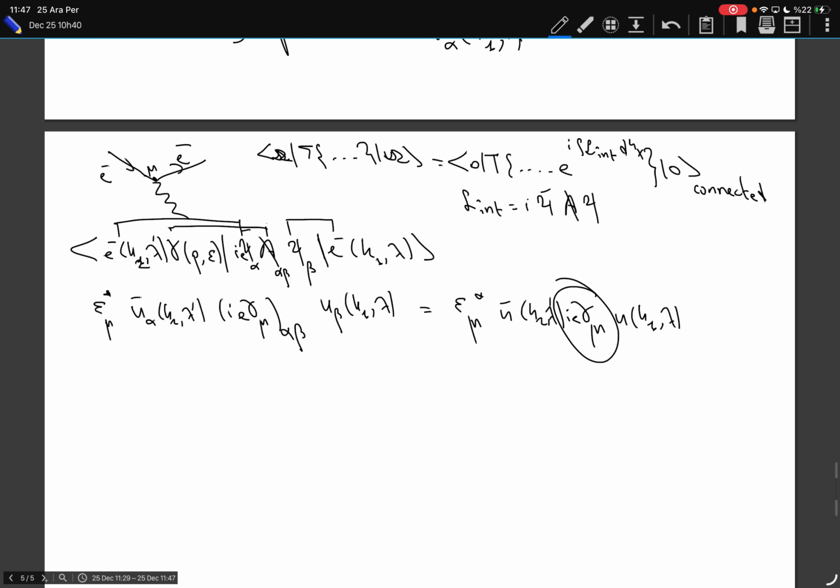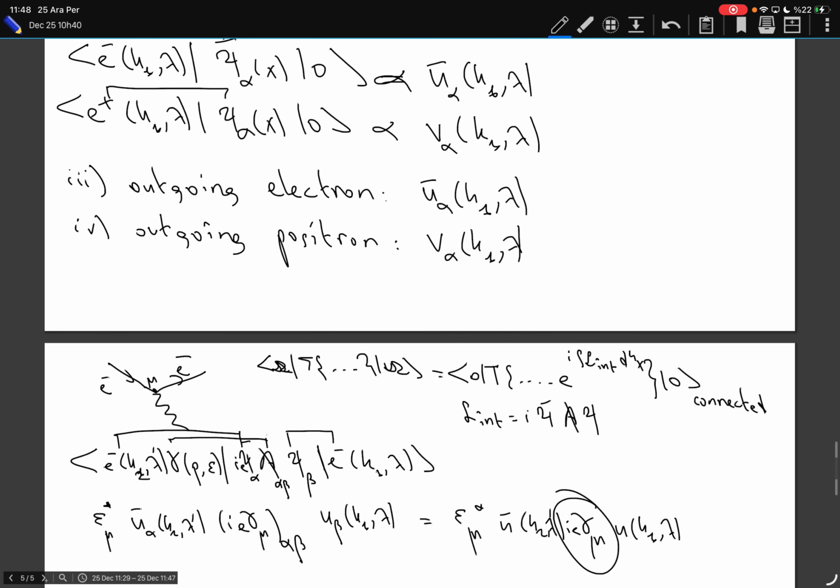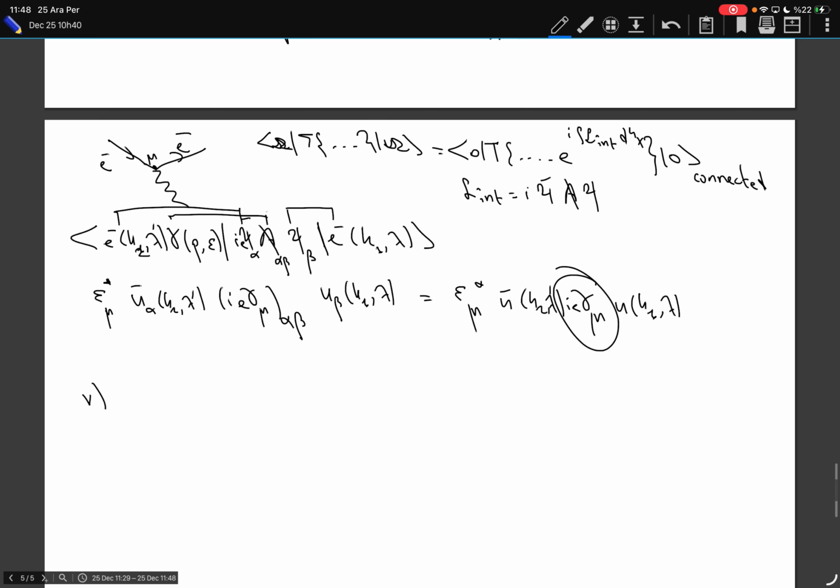I could have looked at an incoming positron, outgoing positron, and all those terms. In all those cases, this will be my vertex factor. So my vertex factors are also fixed. That is the fifth rule for each vertex: introduce i e gamma mu.